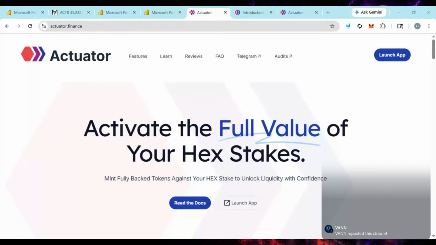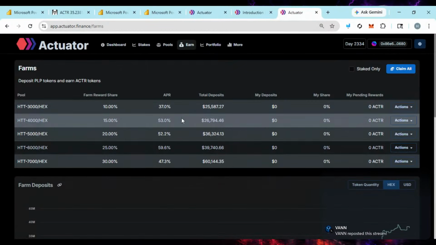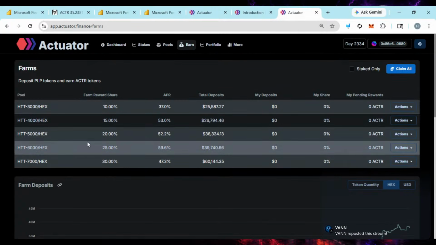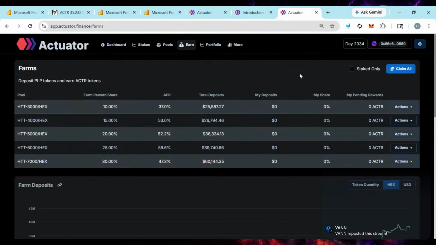Now, how this is like a HELOC is that people are able to come in and utilize this protocol, and what they are able to do is to print or mint specific HTTs, which just stands for HEX time token. And the best way to think about this is just think of it as one HEX in the future.